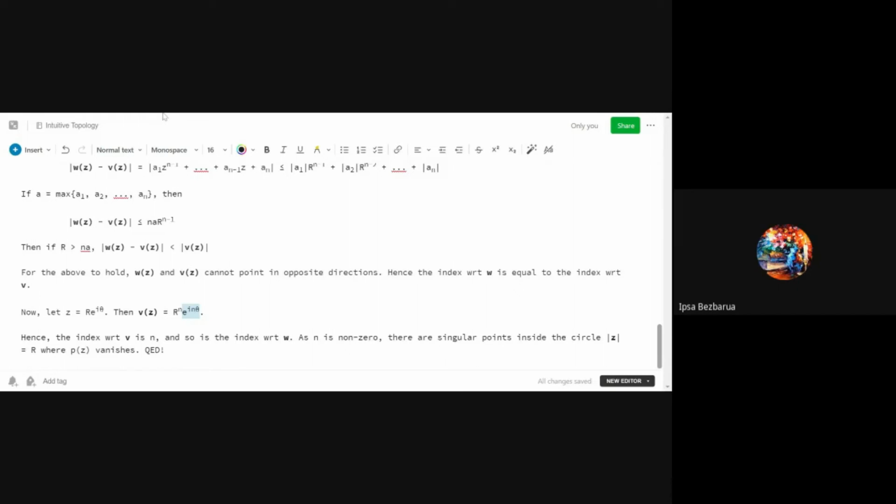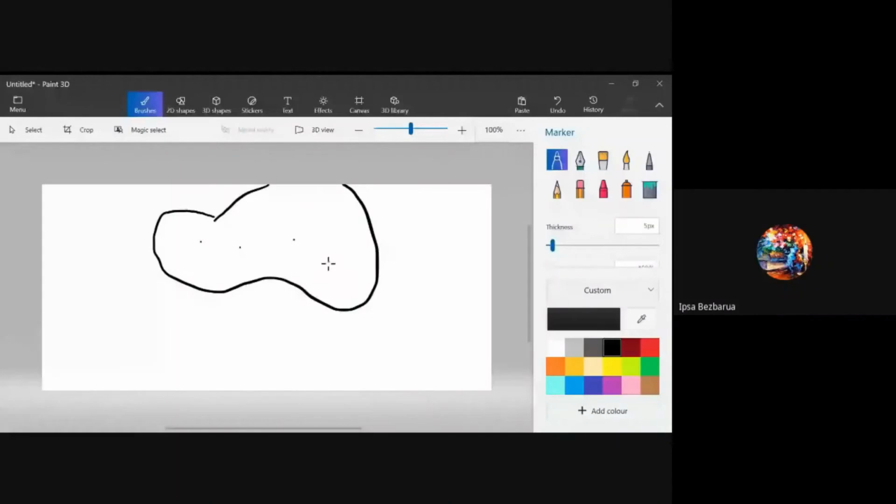I'll just share my screen again. Share Paint. So these dots are the singular points. They are finite. And I have this curve. It looks very bad.